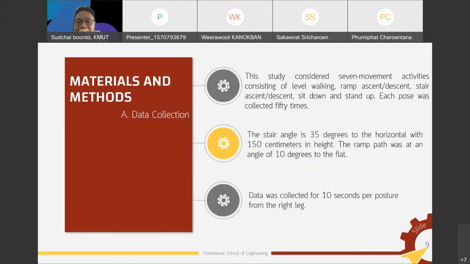This study considers 7 movement activities, consisting of level walking, ramp ascent, descent, stair ascent, descent, sit down, and stand up. Each posture was collected 50 times.